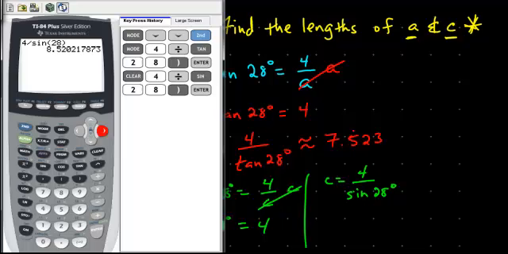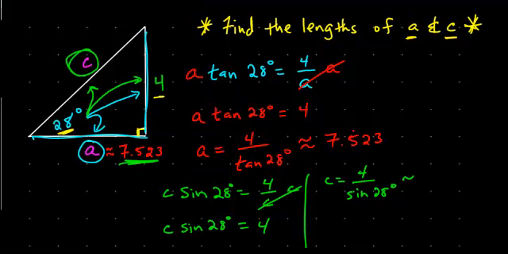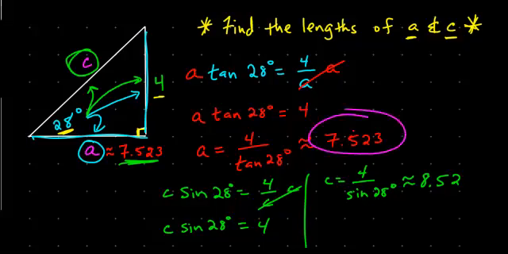We get 8.520, so let's say about 8.52. So I was asked to find the lengths of A and C. A was about 7.523, and C is about 8.52 using our trigonometric ratios.